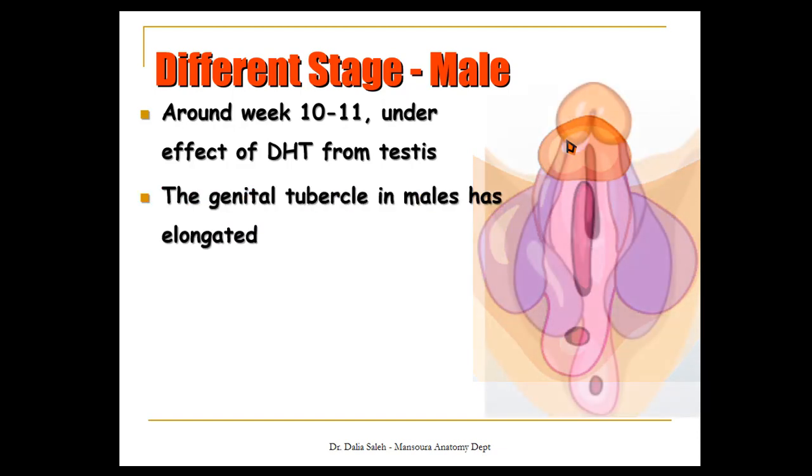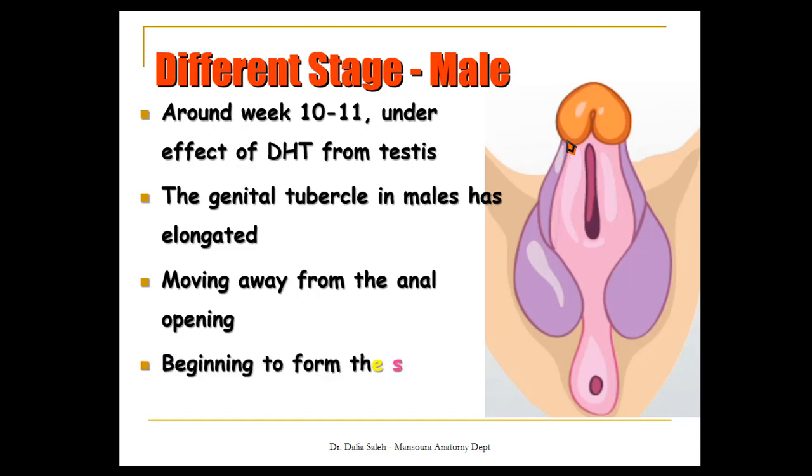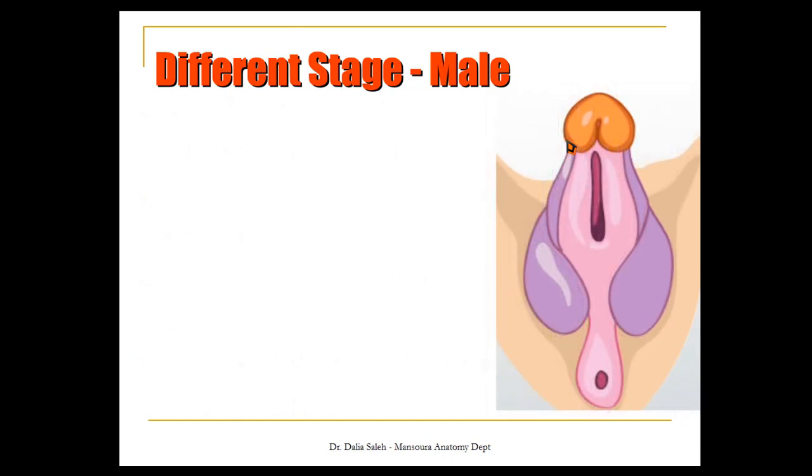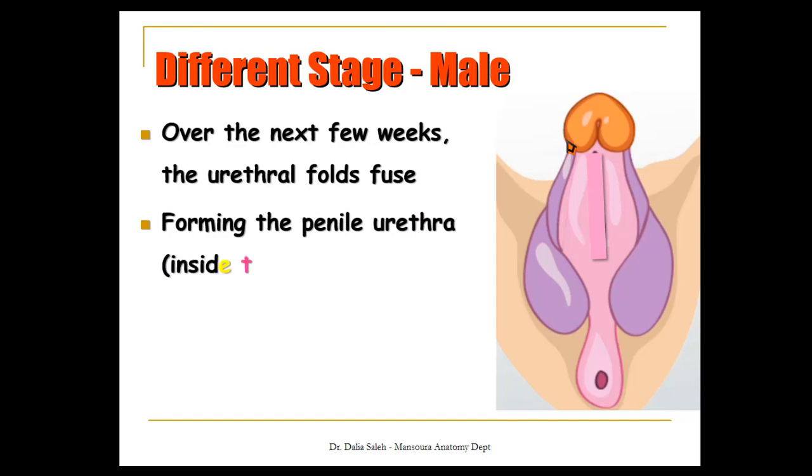The genital tubercle in males will elongate and move away from the anal opening and begins to form the shaft and head of the penis. Over the next few weeks, the urethral folds will approximate to each other and fuse, and they will form the penile urethra, which lies inside the penile shaft.